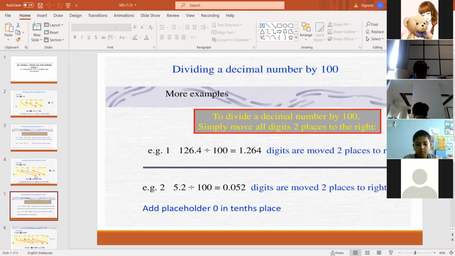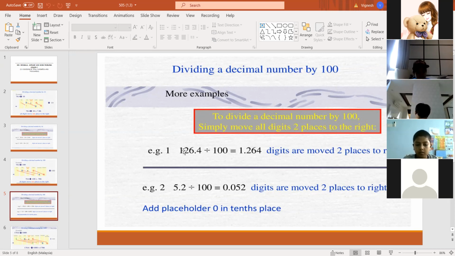Understand? Can you see the example here? 126.4. You are moving 2 decimal places to your left because you divide by 100. So your answer is 1.264. Understand or not?